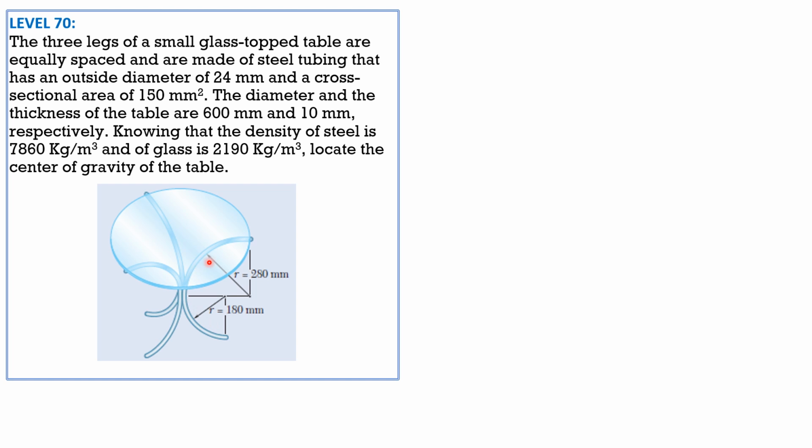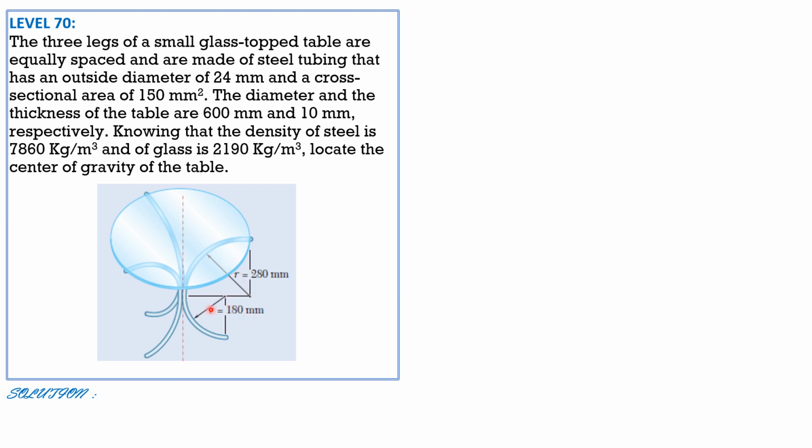We have three identical composite legs, and we have a plastic circular plate on top. So let's draw the table and one side of the leg.